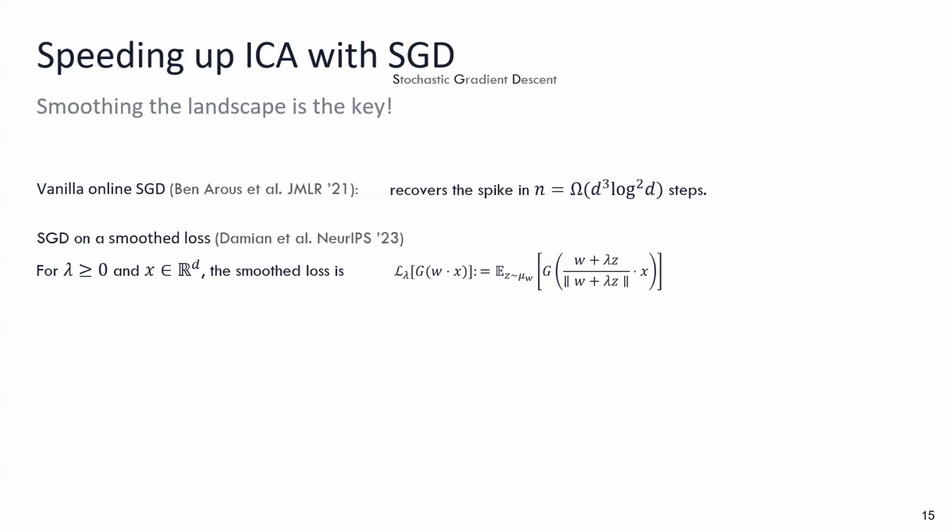This is a trick that appeared in a paper from 2023. If you smooth the loss, so instead of using the loss that I showed before, just an expectation of G, you apply this operator that depends on lambda, which introduces another variable that's distributed uniformly on the sphere centered in W. It's not centered in 0, because W is already here.